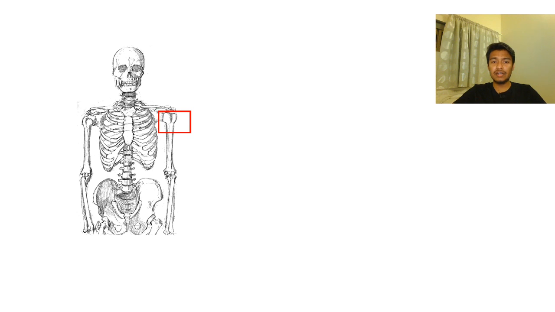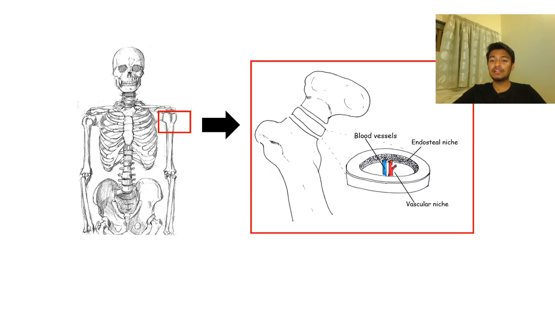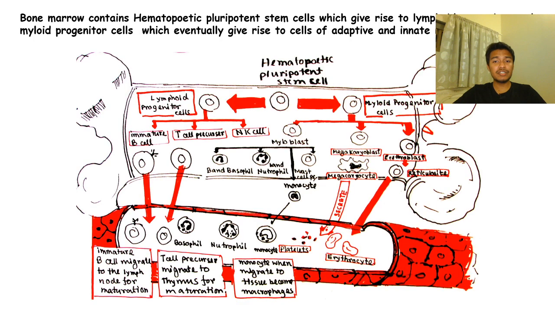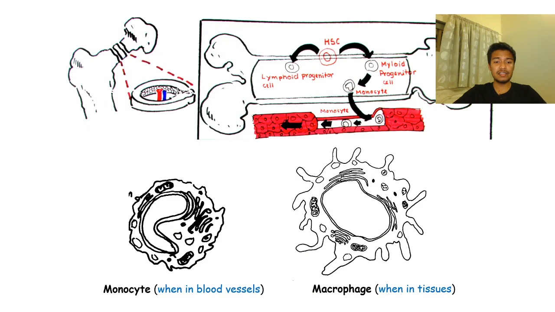Here, bone marrow is, as I'm just reminding you, the region where all the development of the immune system takes place, right? Inside the bone marrow there are progenitors which give rise to these cells. We have already discussed these things.